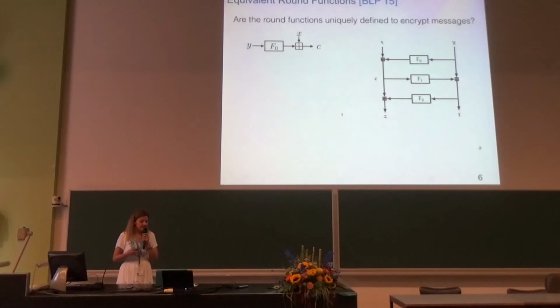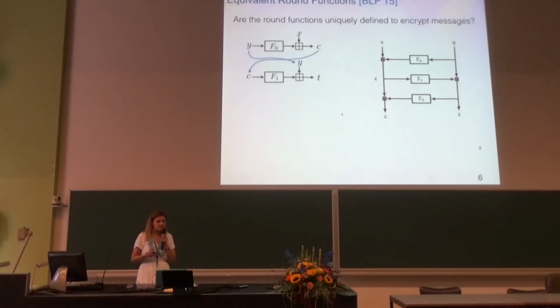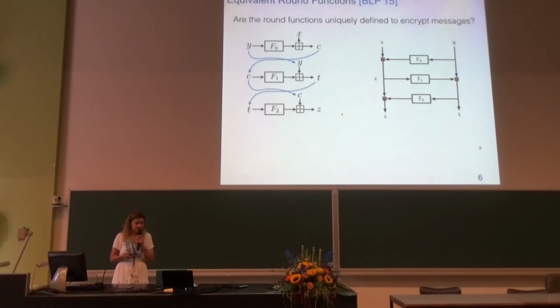We add the output to the left half of the message in order to generate the intermediate value C. We take the intermediate value C and input it to the second round function, and we add its output to the right half of the message in order to generate the ciphertext half T. And similarly, we take T and input it to the last round function, and we add its output to the intermediate value C in order to generate the ciphertext half Z, sorry.